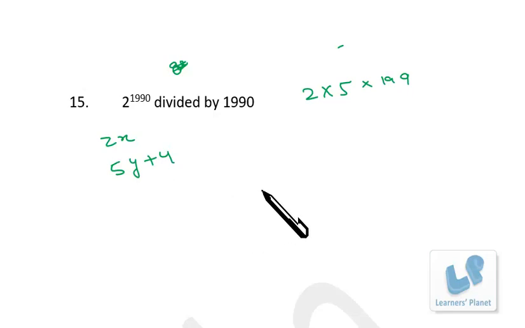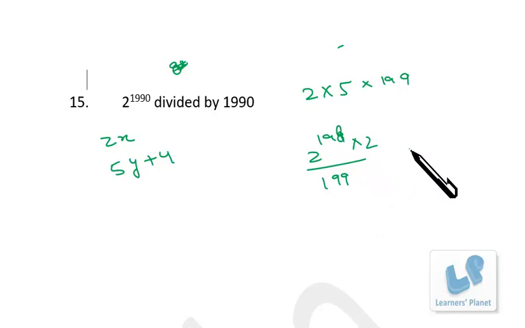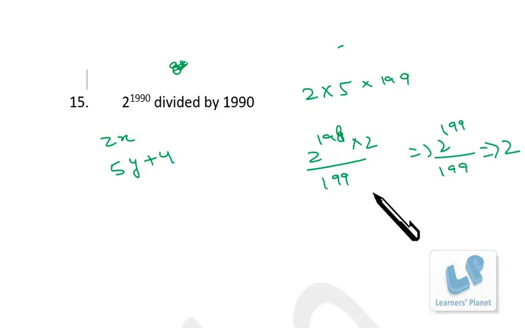Now we can use Fermat's theorem. So 2 raised to 198 divided by 199, the remainder will be 1, right? Into 2, that means 2 raised to 199 divided by 199, the remainder will be 2. Okay. So over here we have this into this, right?